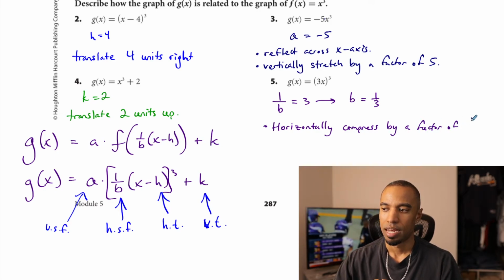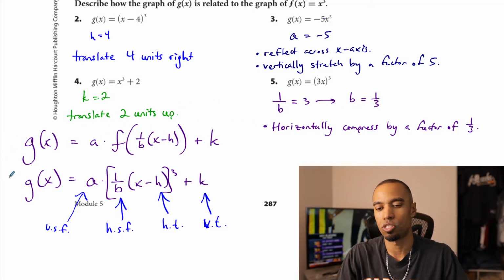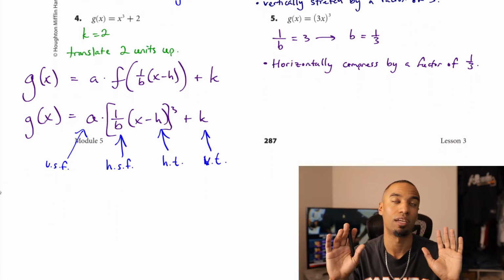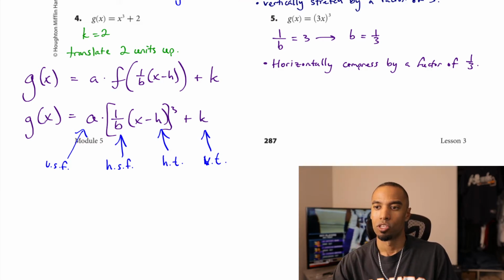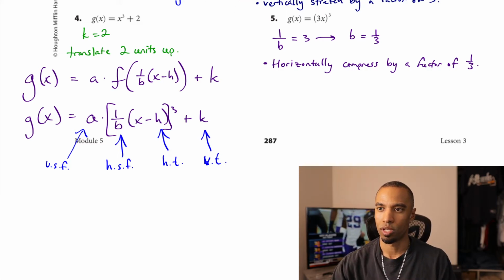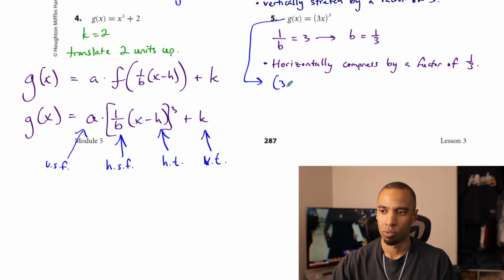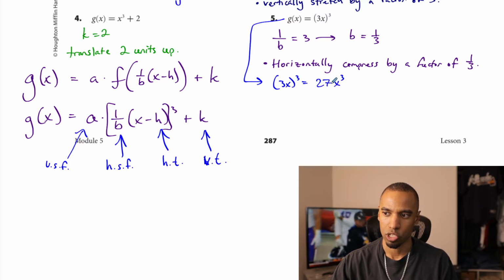Now there is a vertical equivalent to this, and I'm more privy to doing vertical stretches and compressions than I am horizontal. Like, I would never turn a vertical into a horizontal, but I might turn a horizontal into a vertical. So what you could also do, guys, is you could also take this 3x cubed, quantity cubed, and turn it into 3 cubed, which is 27 times that x cubed right there.